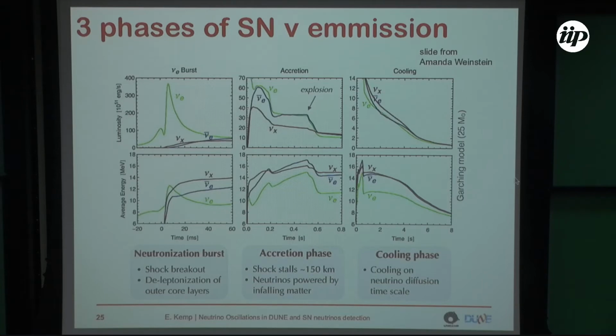So here NEX stands for all non-electronic flavors and their antiparticles. So here are the plots for the luminosities, in the neutronization burst, the accretion phase, and then we have exponential falling down of the luminosity at the cooling phase. So at the terrestrial detectors, we expect to have the largest part of the events in this phase here.